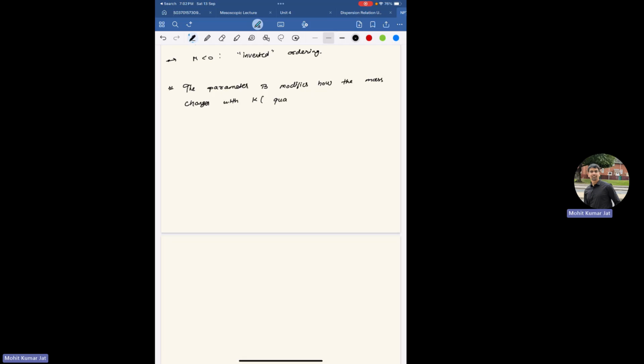That gives the quadratic corrections. The gap can close for certain parameter values.